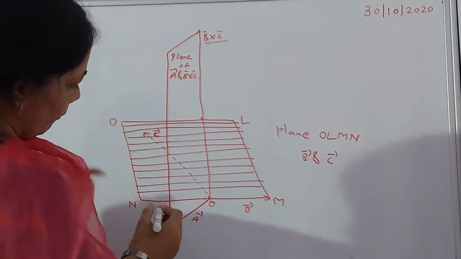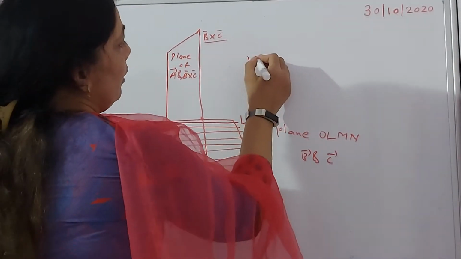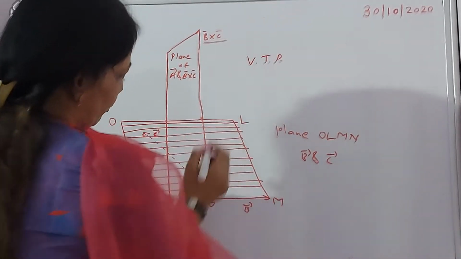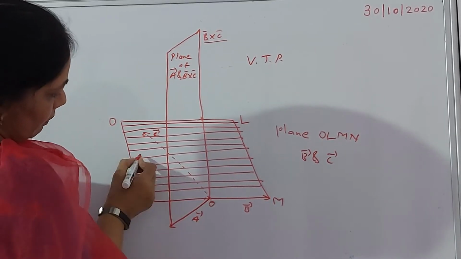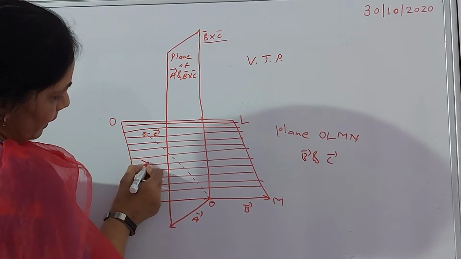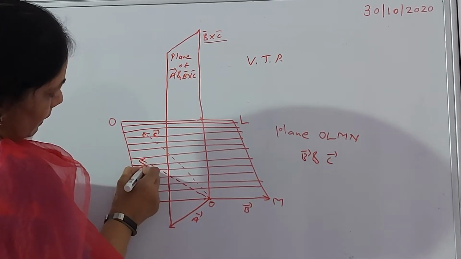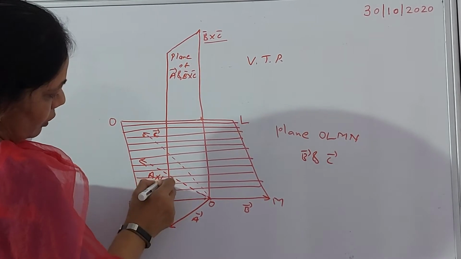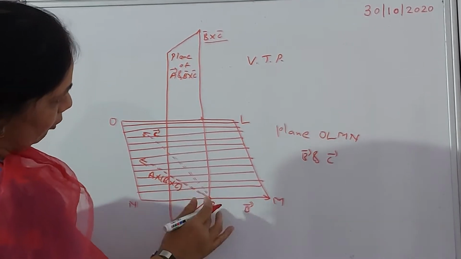Vector A is over here. So now where should I get my VTP, or vector triple product? Exactly perpendicular to this. So somewhere over here I will be able to get my A cross B cross C, right? Perpendicular to this.